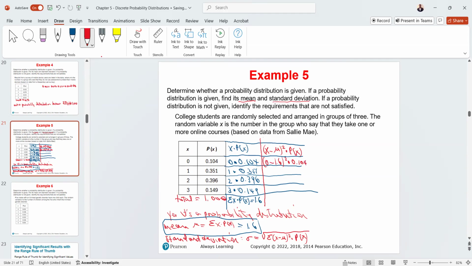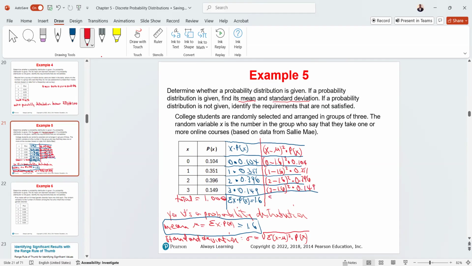Do the same for the second one: x is 1 minus 1.6, squared, times 0.351. Then x is 2 minus 1.6 squared times 0.396, and x minus the population mean times 0.149.